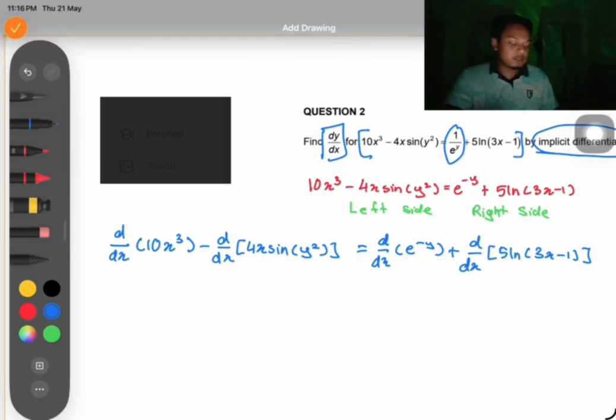As I said just now, we're going to focus on the left side first, and then we're going to focus on the right side.